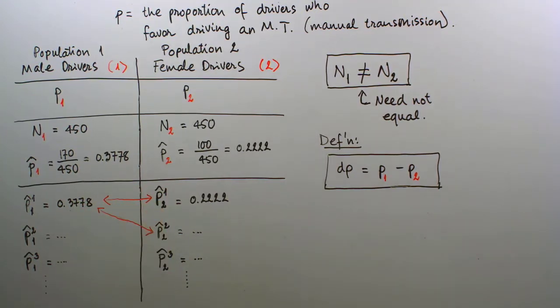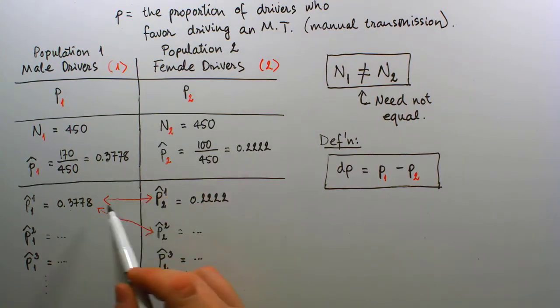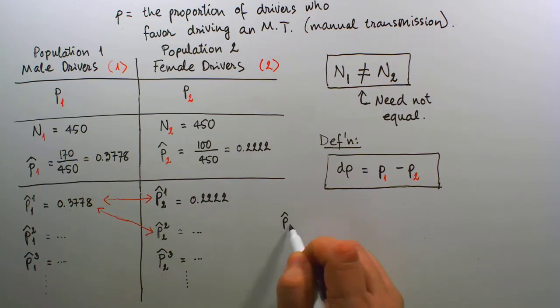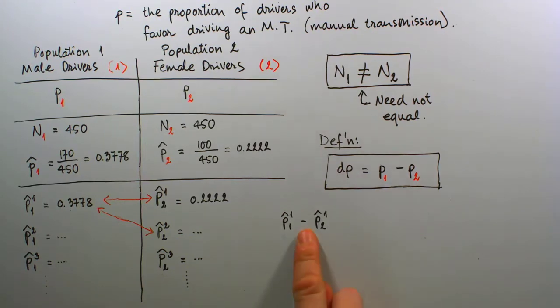And that difference represented by this connecting line is pH1 first sample minus pH2 first sample. So it's a different value.